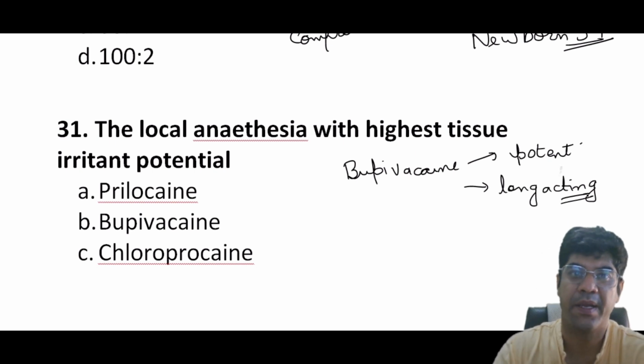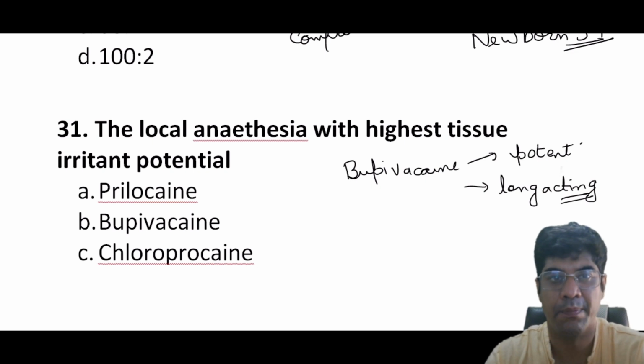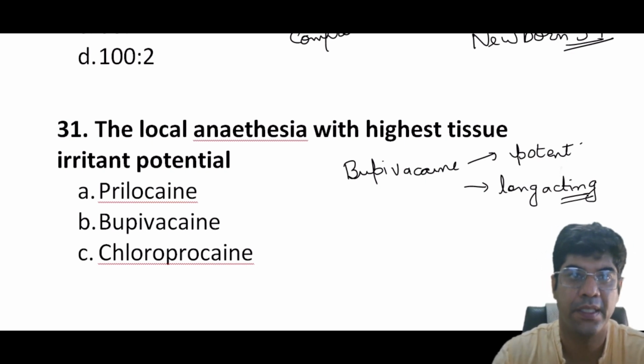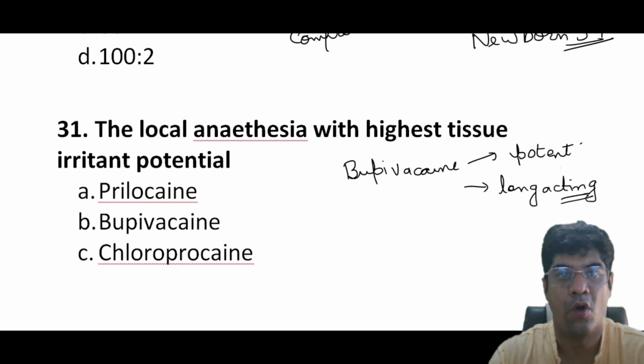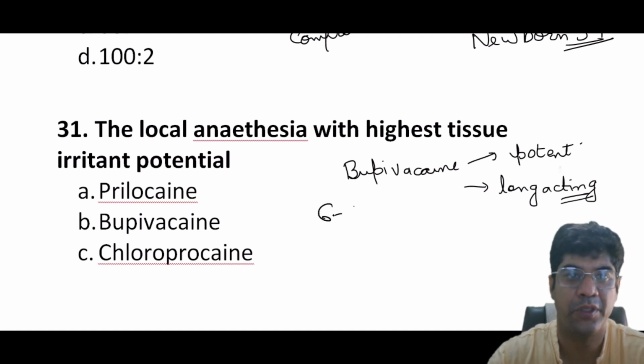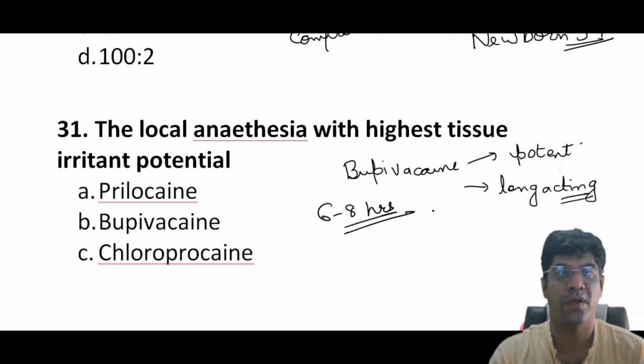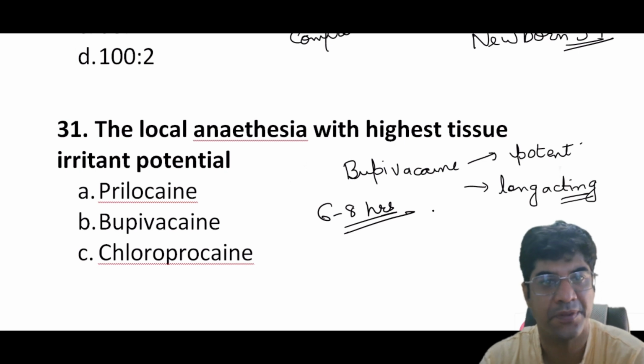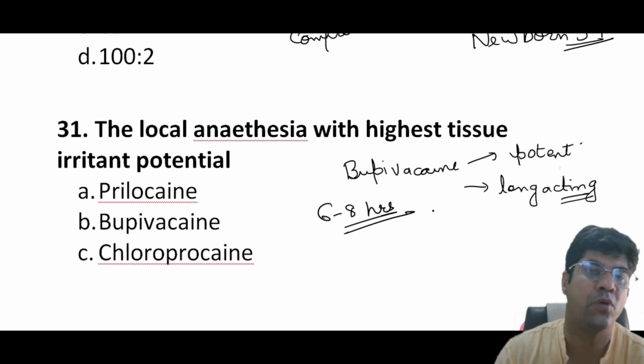Bupivacaine is more potent than many other local anesthetics and has a longer duration. It can provide anesthesia for up to 6 to 8 hours, making it suitable for lengthy dental procedures and controlling post-operative pain.